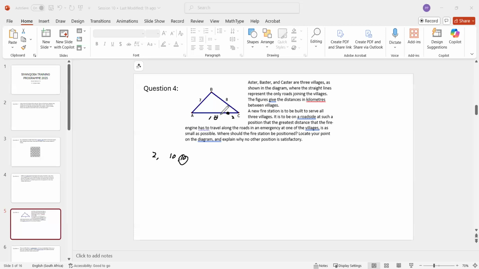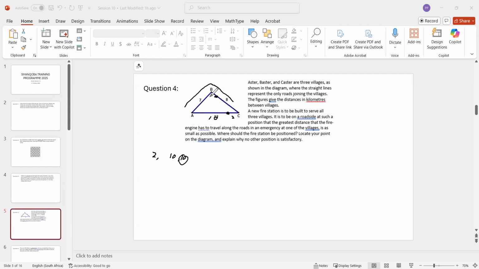If you chose the fire station along AC, that's a halfway point between this and this. Now let's take the halfway point between that and that. So you've got 7 plus 8 is 15, and it'll be 7.5.